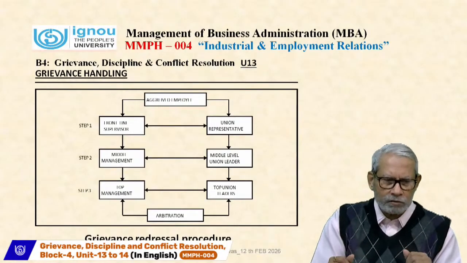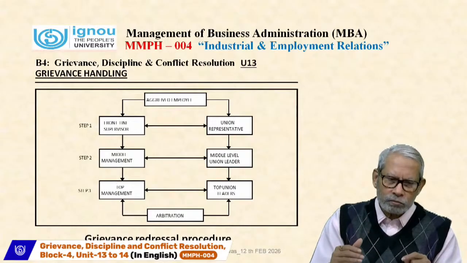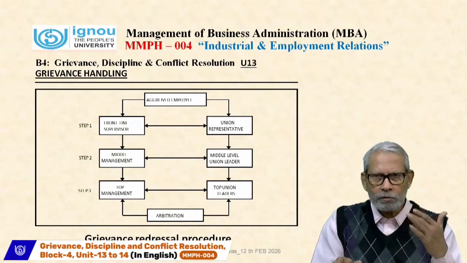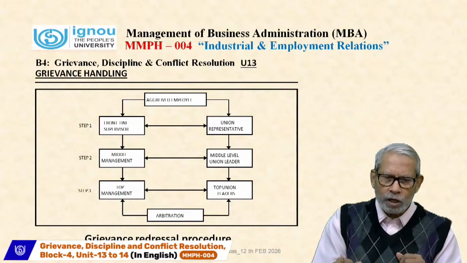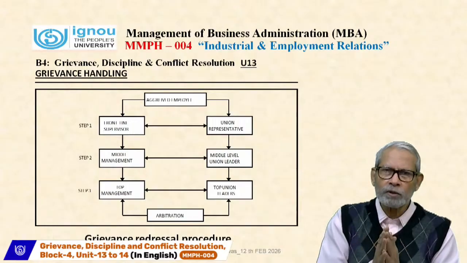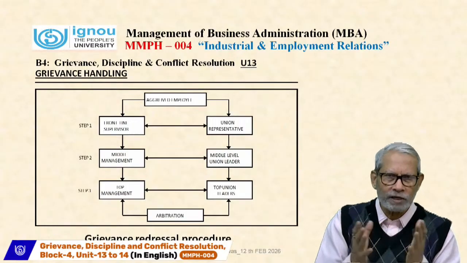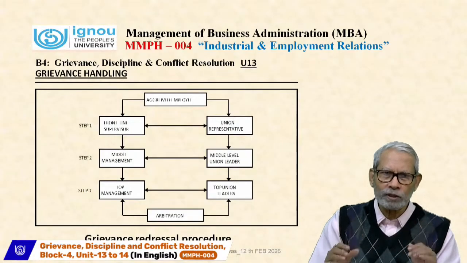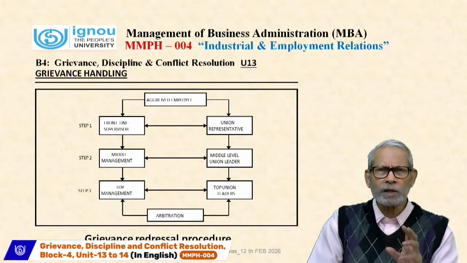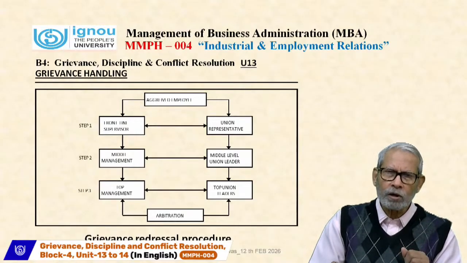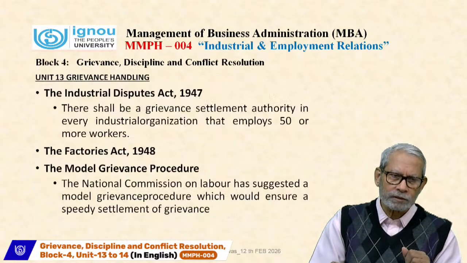Finally, in the last you see arbitration, if there is no solution at the top-level management and the top-level unions. So first of all you try the interaction between the different levels. If it is solved, very good, otherwise you have to go for arbitration. In the case of supplier or vendor cases, sometimes you have to go for arbitration.